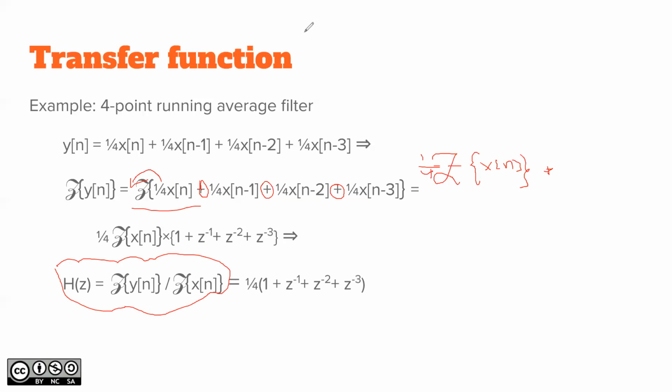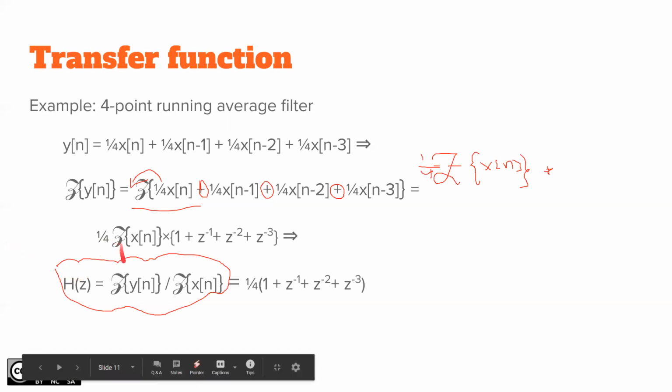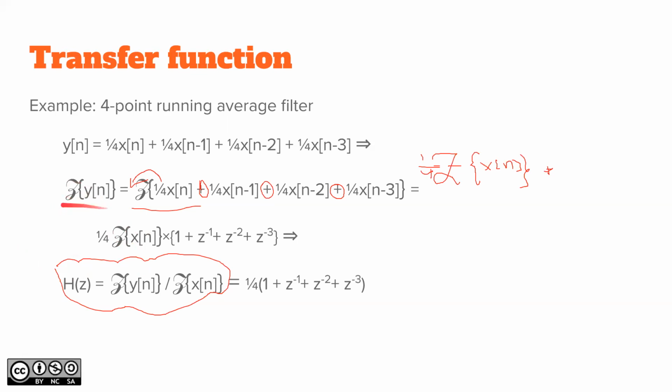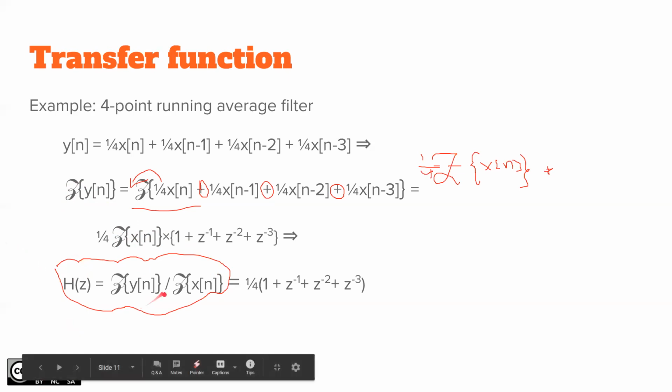Directly just move this part in here. Divide both sides by the Z transform of x of n, and that brings you the last formula here.